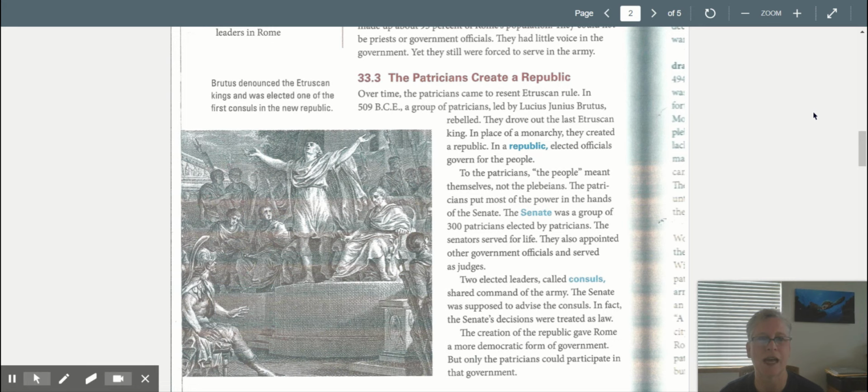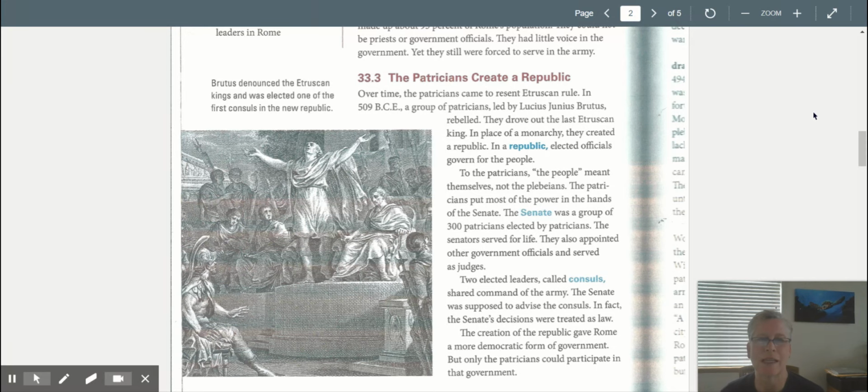They also appointed other government officials and served as judges. So, kind of like the oligarchy that we learned before, we have rich guys electing rich guys to make all the laws that benefit the rich guys. So even though 95% of the population are plebeians, it's really only helping the 5% rich people.